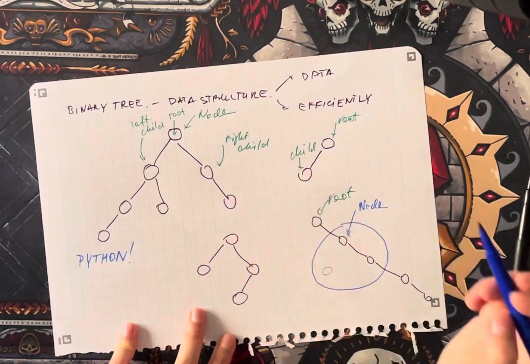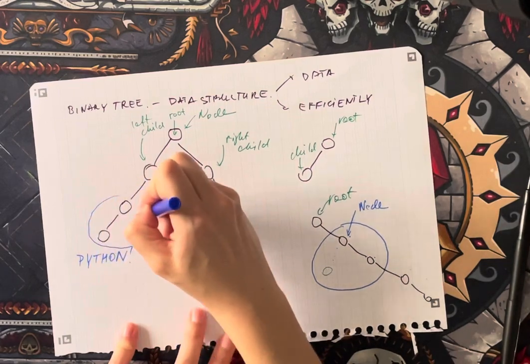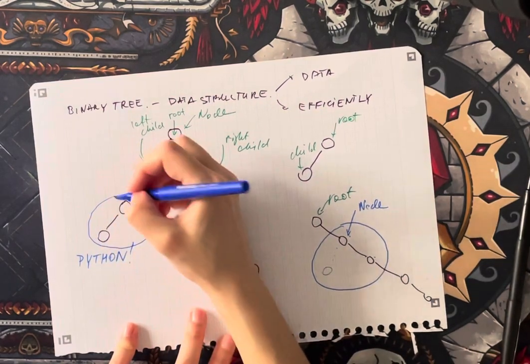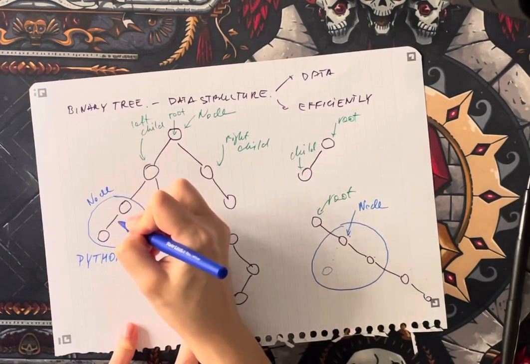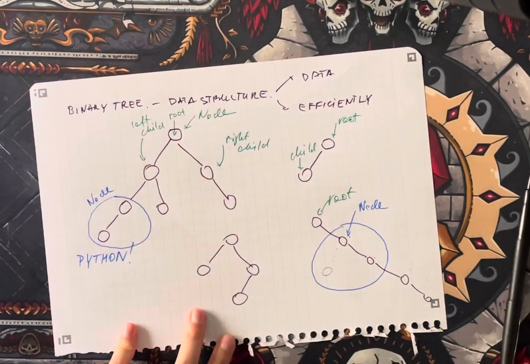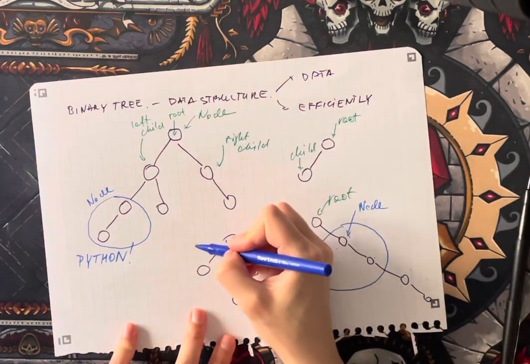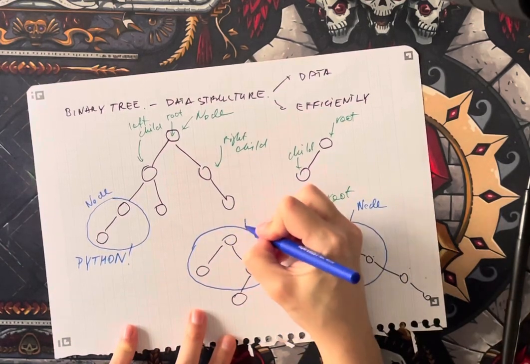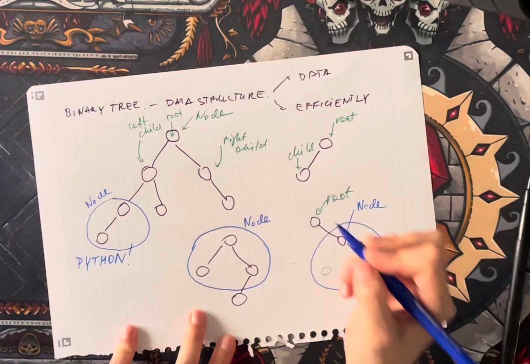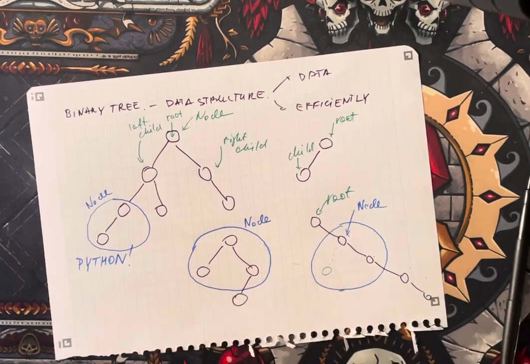If you take a look at, let's say, this piece, this is also a node, with only the left child present. If you take a look at our very first example, let me draw here, it will be nicer, we have a node, and there is a left child and a right child.